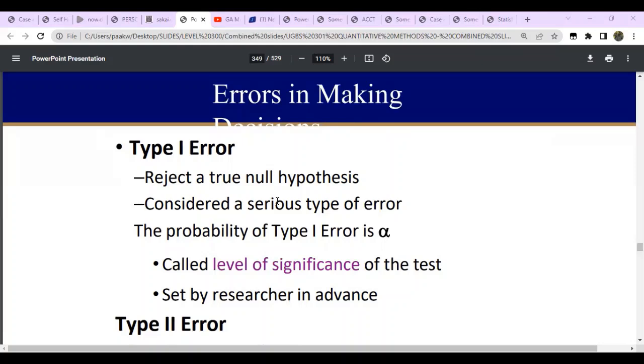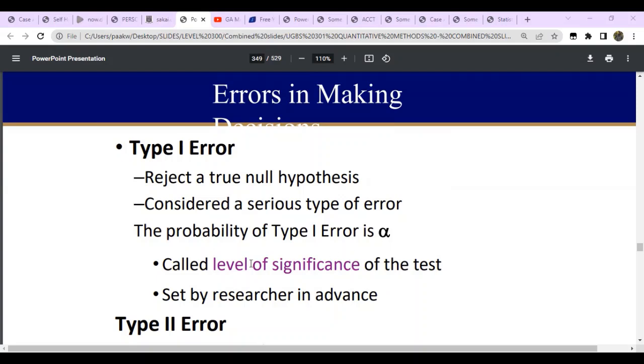So let's say the claim from the people, if it is true and you reject it, is the type 1 error. It's considered a serious type of error. The probability of type 1 error is called what?